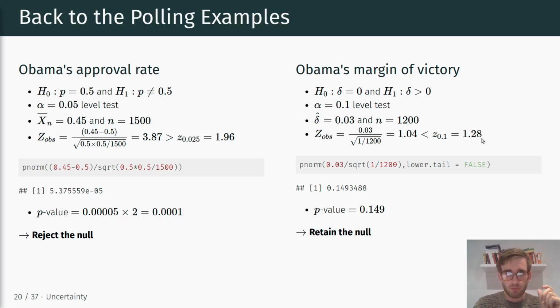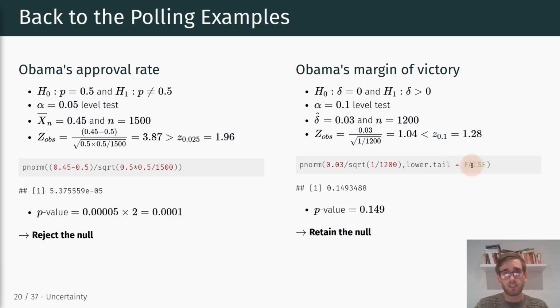Again, we can directly compute the p-value based on our observed z-value in our sample using the pnorm command. Here we're using the lower.tail equals FALSE argument because we're looking at a one-sided test, and we want the probability of observing a value larger than the z-score that we observe.